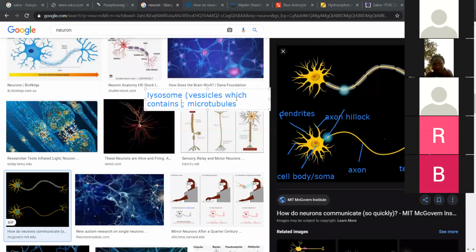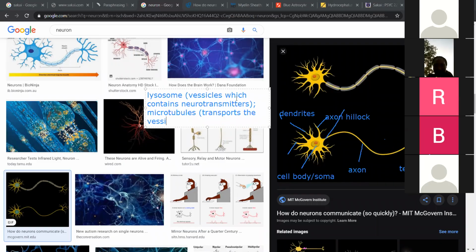We'll talk about neurotransmitters later, because it's a broad topic altogether. Then the microtubules, they are the ones that transport the vesicles. So these are some of the functions you need to know. All these things, you can find them in what? In the cell body.